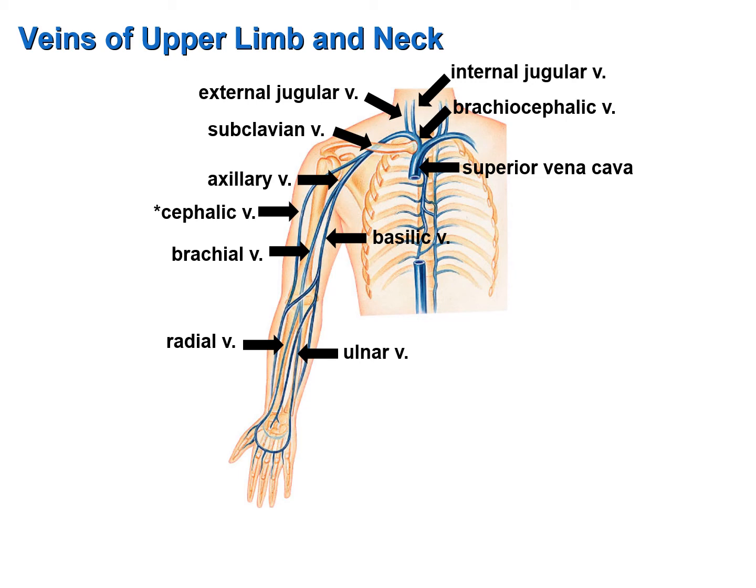And all of these veins are symmetrical on both sides, so you don't have to use left and right. One more thing I'd like to mention before we move to a different part of the body are the jugular veins.